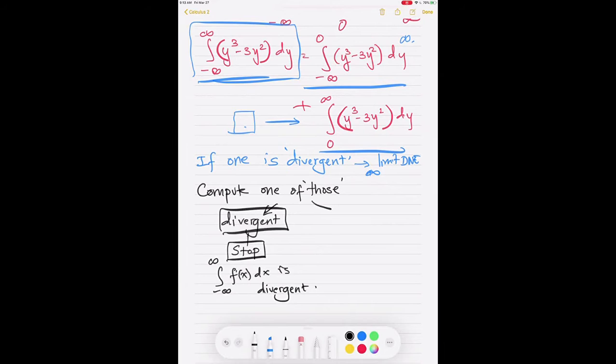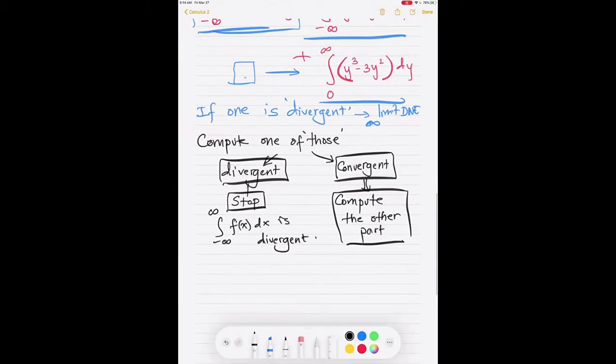If one of them turns out to be convergent, then no, you have to continue, compute the other one, and then add the two.